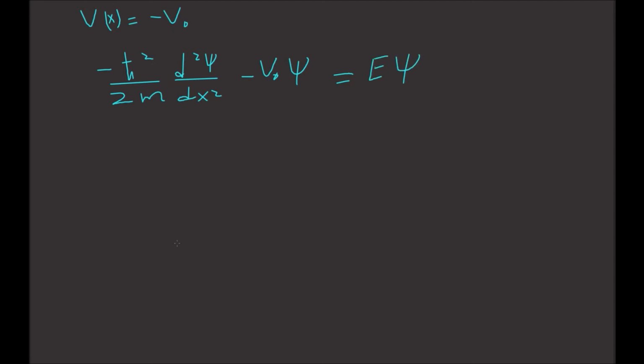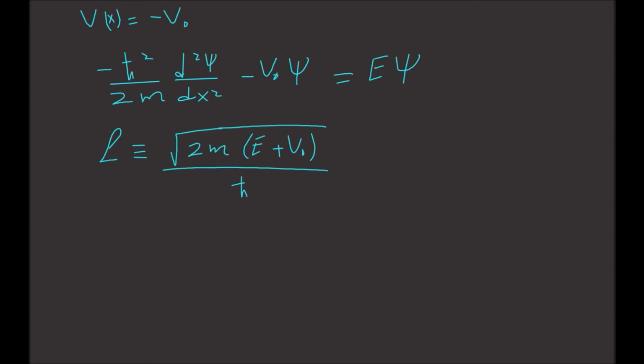We're going to define a new variable called l. l is defined as the square root of 2m times E plus V naught, divided by h bar.